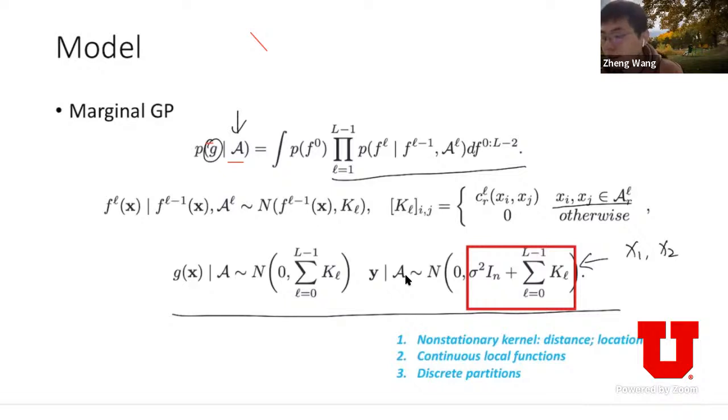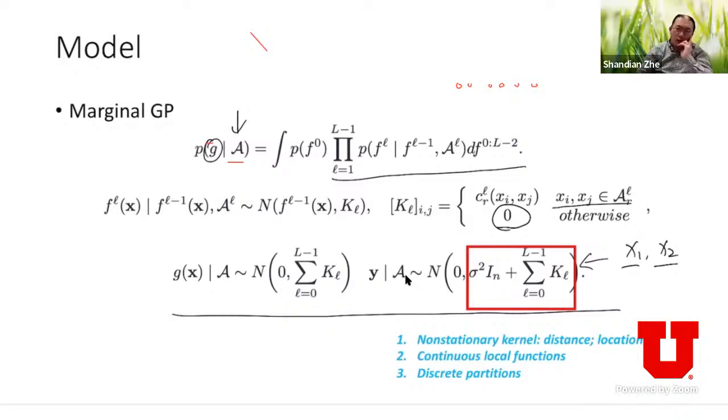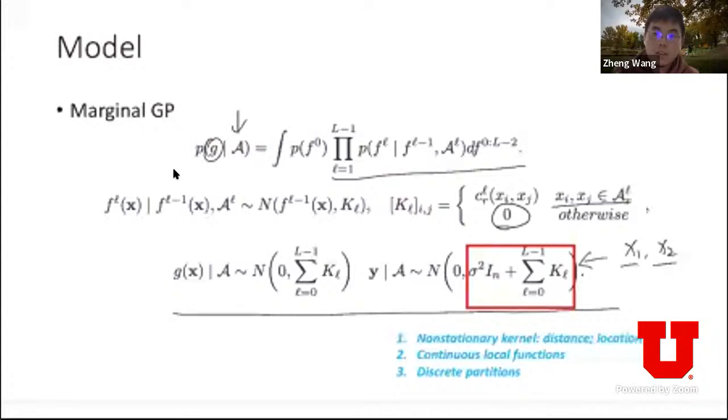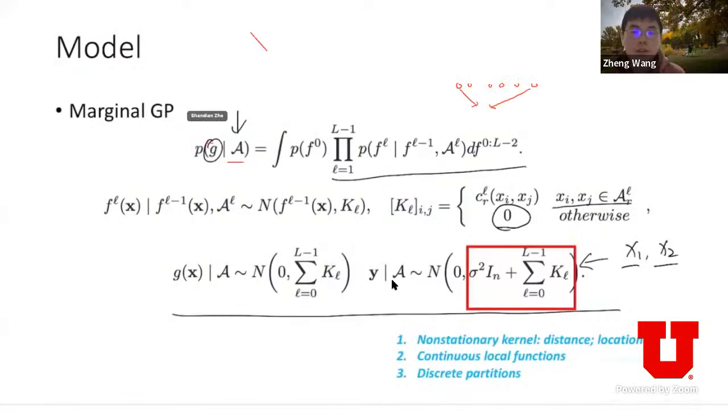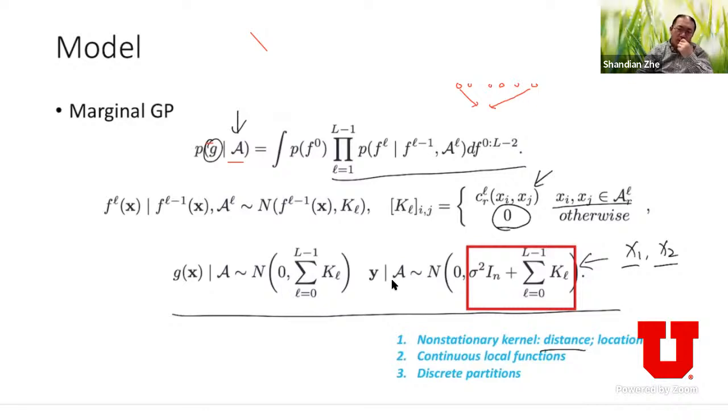If they are in the same partition, then their covariance will be calculated according to their relative distance. So the location information and the relative distance are both required to calculate this kernel function. It's actually partition dependent.